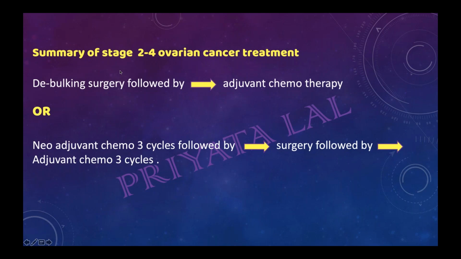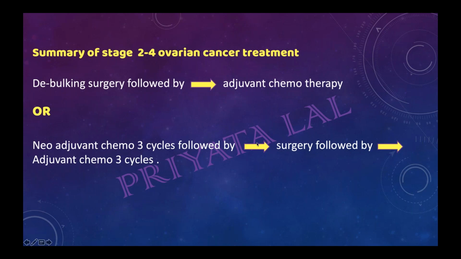Now, this is a summary for stage 2 to 4 ovarian cancer treatment. First, there are 2 lines of treatment. Okay. First will be debulking surgery followed by adjuvant chemotherapy. Adjuvant chemotherapy is usually carboplatin and paclitaxel, 6 cycles. But in another situation, if the tumor burden is quite high, then there will be neoadjuvant chemo, 3 cycles of carboplatin and paclitaxel.